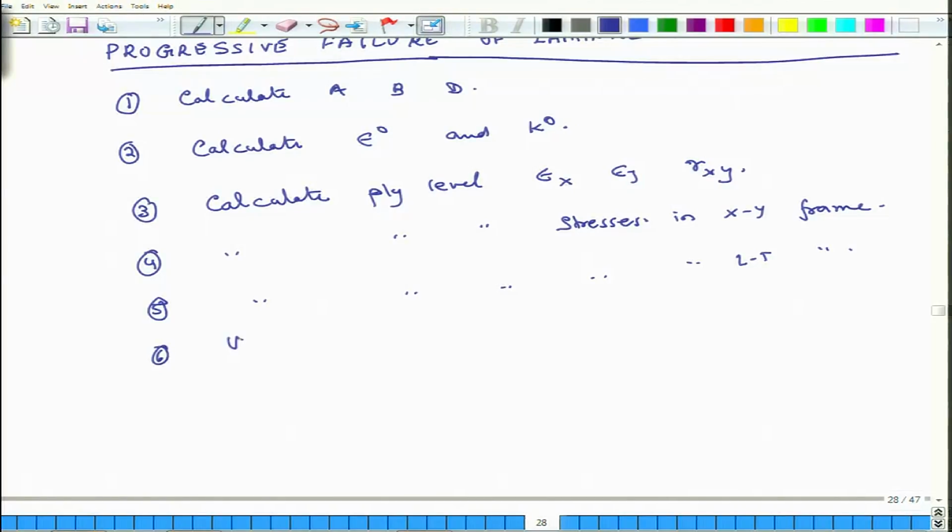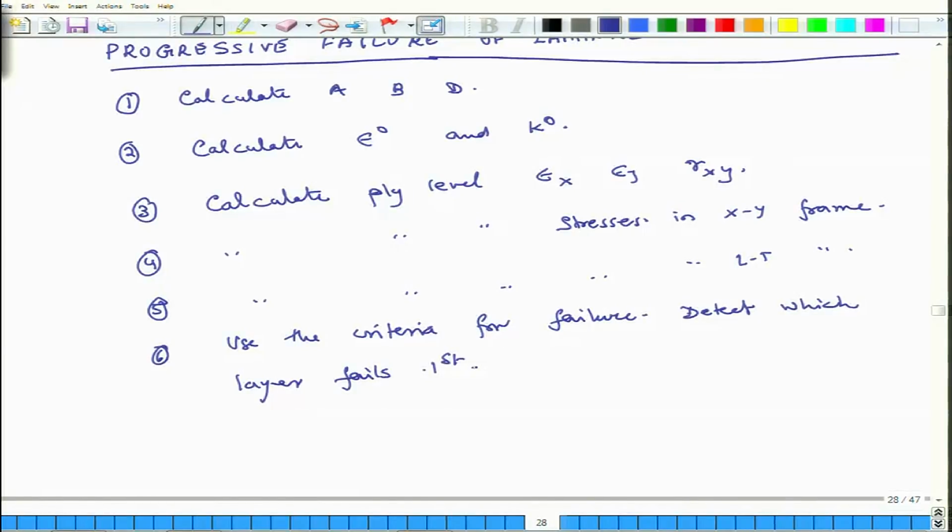Sixth, use the criteria for failure and detect which layer fails first.